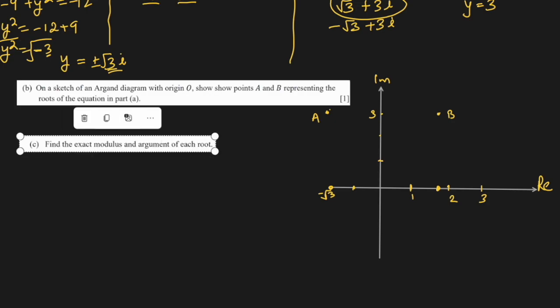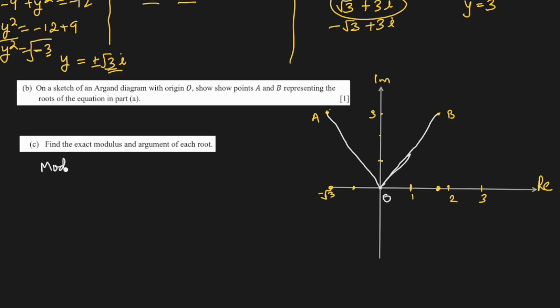So modulus and argument. Modulus will be the same, because the distance from the origin to B will be exactly the same as from the origin to A. Modulus of this will be square root of 3 square plus 3 square.